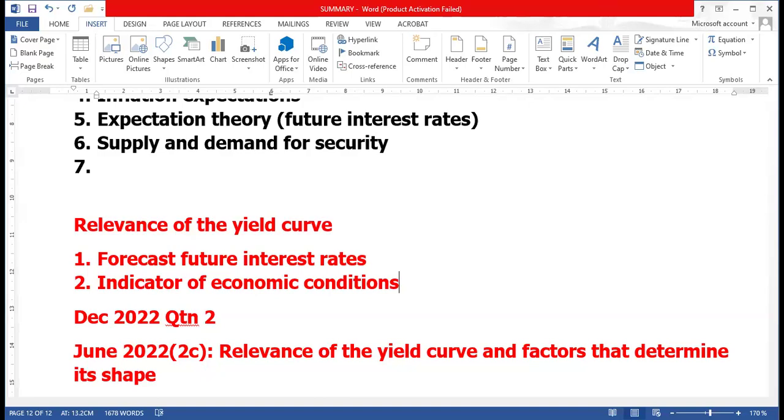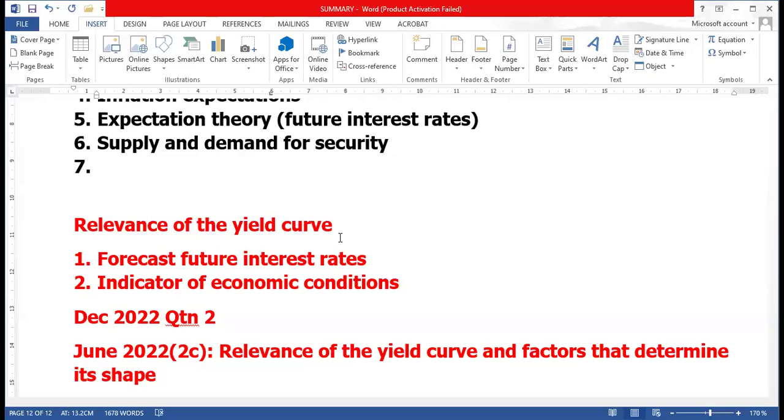So when they want to measure macroeconomic performance, someone can use the yield curve. They look at the normal upward sloping curve, and the flat yield curve. Every curve tells you something.